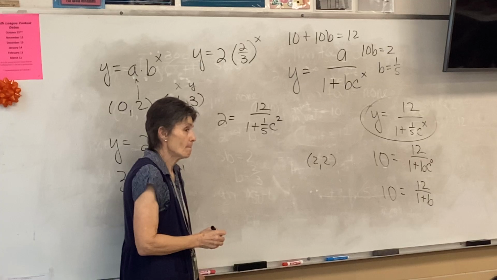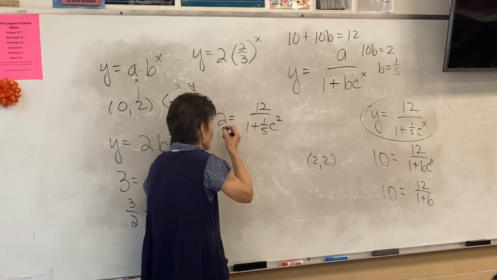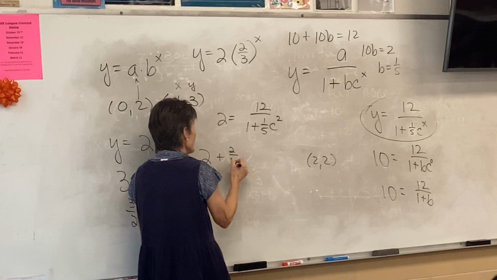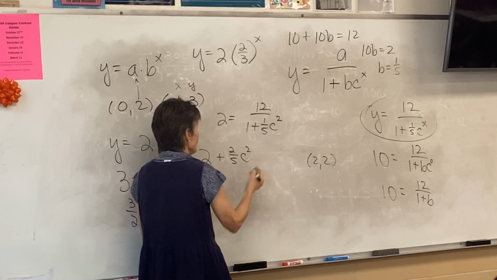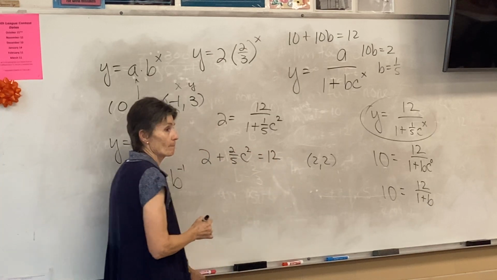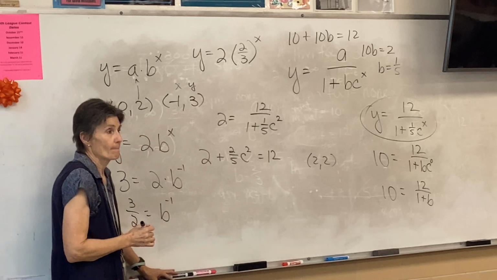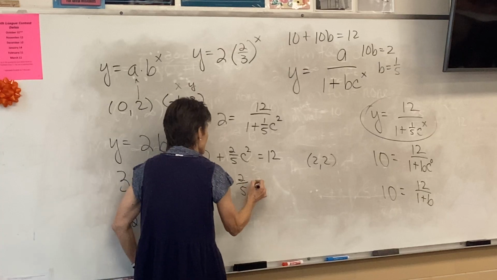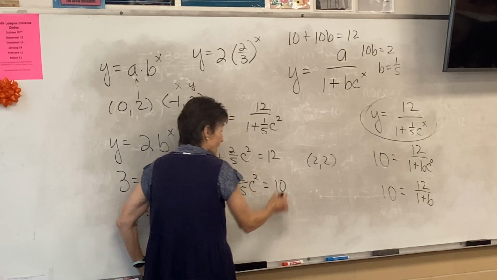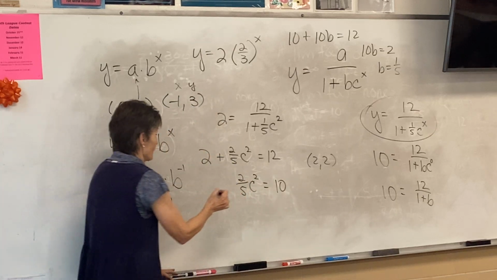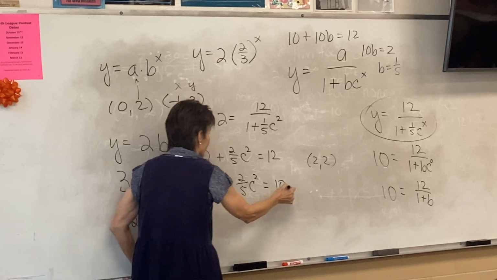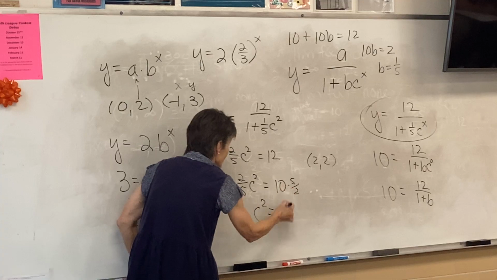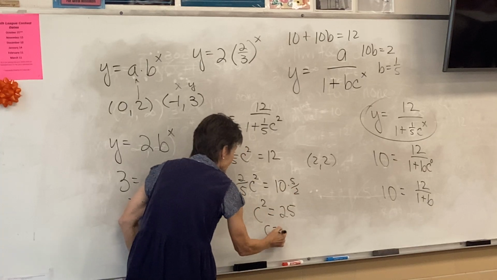Now what? Multiply to the other side, so 2 plus 2/5 C squared equals 12. Subtract that 2, so 2/5 C squared equals 10. Multiply by 5 halves, so C squared equals 25 and C equals 5.